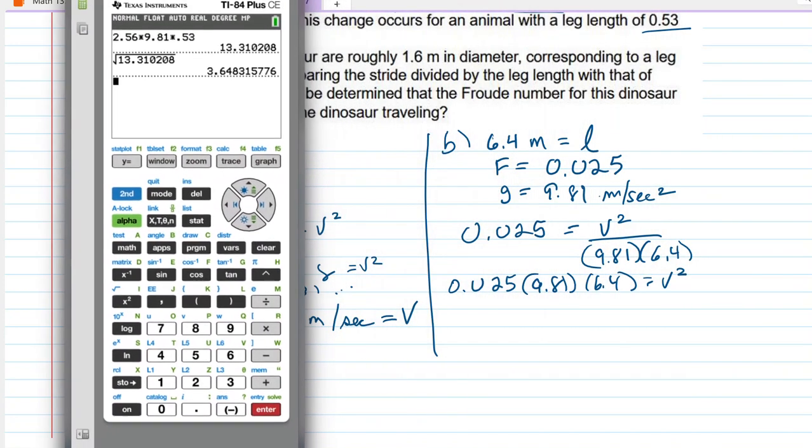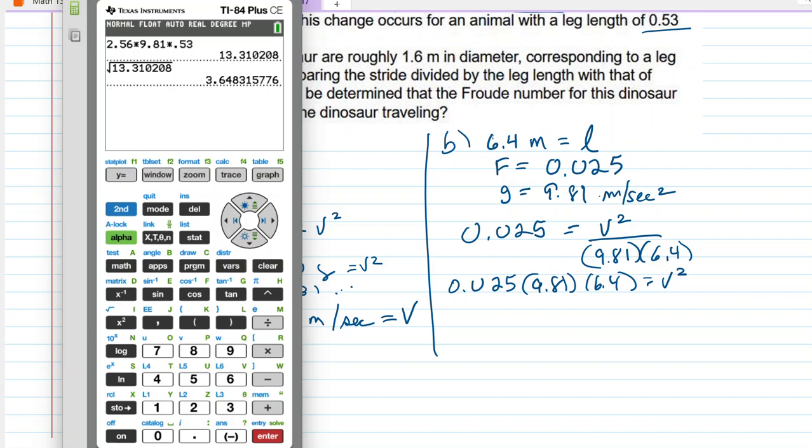0.025 times 9.81 times 6.4. And I get this number. Not very big, is it? Now we're going to take the square root.